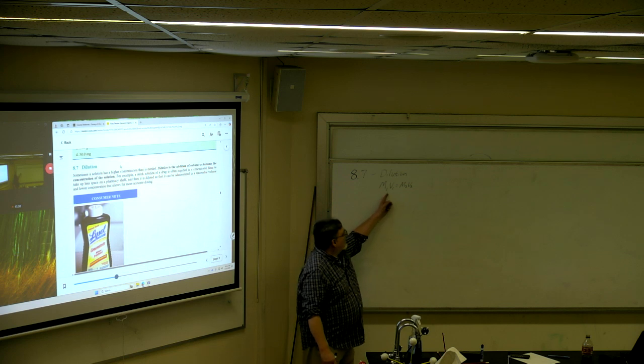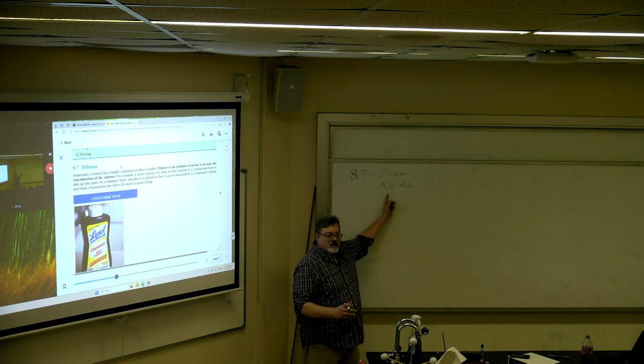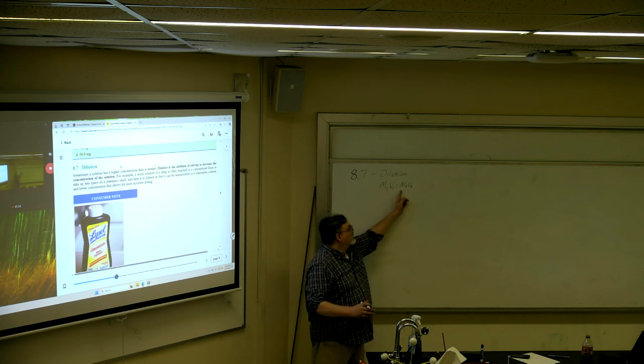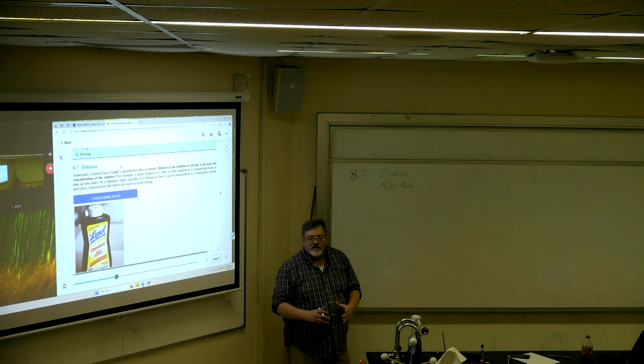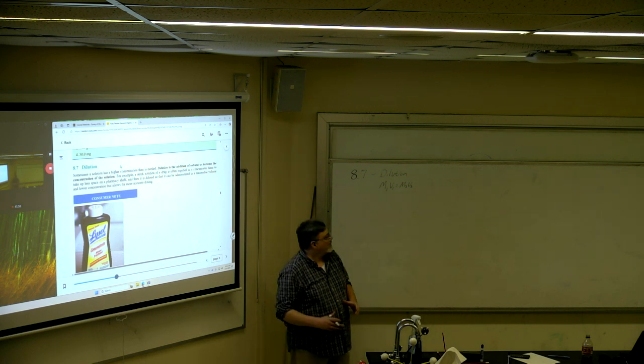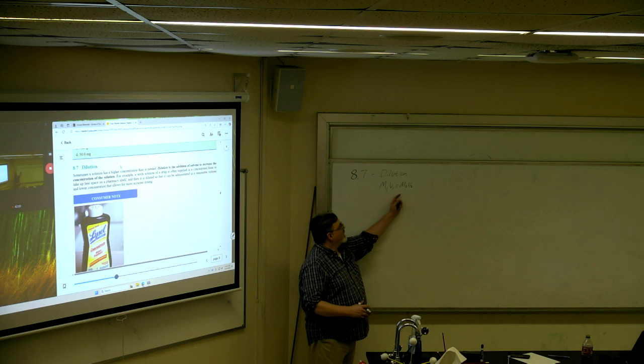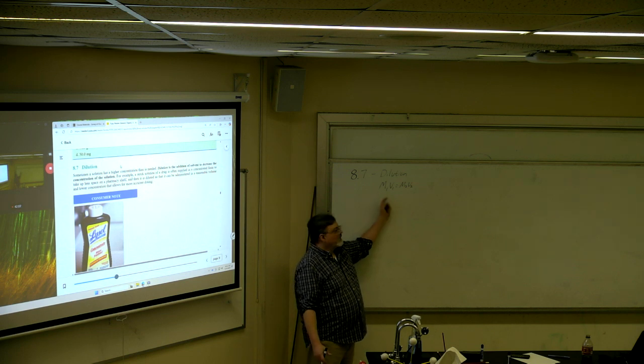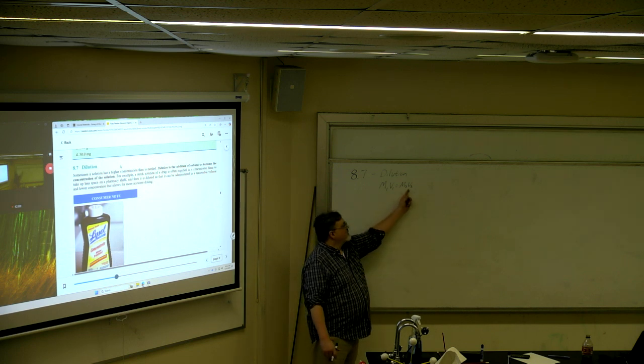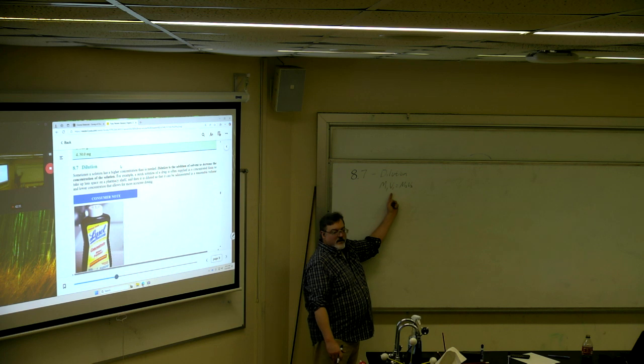The ones here are my initial state, and the twos here are expressing what I have after I've added some solvent. So I have my first molarity, my next molarity. This M will literally be a smaller number than this M. And this volume is going to be a larger volume than this one.